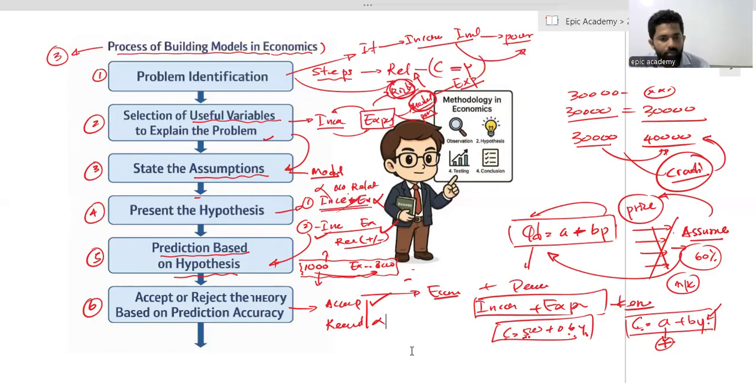Because economic behavior of the people is very complex. It is very hard to understand only by observing.